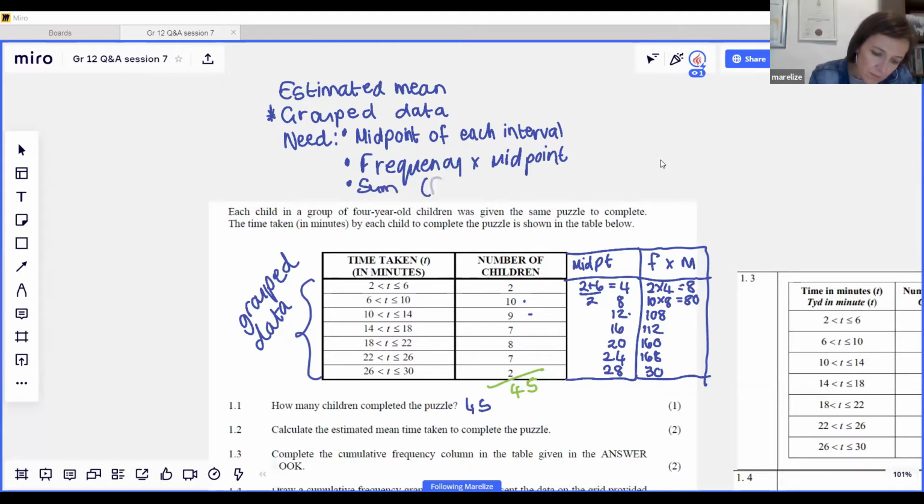Sum frequency times midpoint. That basically means I'm going to add up this column here. Here's my highlighter. This column here, I'm now going to add up all those totals. So you get 8 plus 80 plus 108 plus 112 plus 160 plus 168 plus 30.